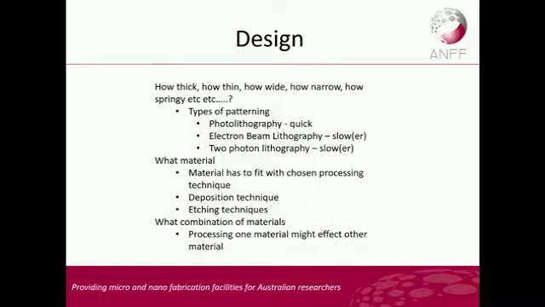If you need to go smaller than that, UQ have just bought an electron beam lithography system, so that's another option you can do, but often these techniques are much slower. Then there's 2-photon lithography, which is a Nanoscribe system I mentioned that can go much smaller than a micron, but again is much slower.